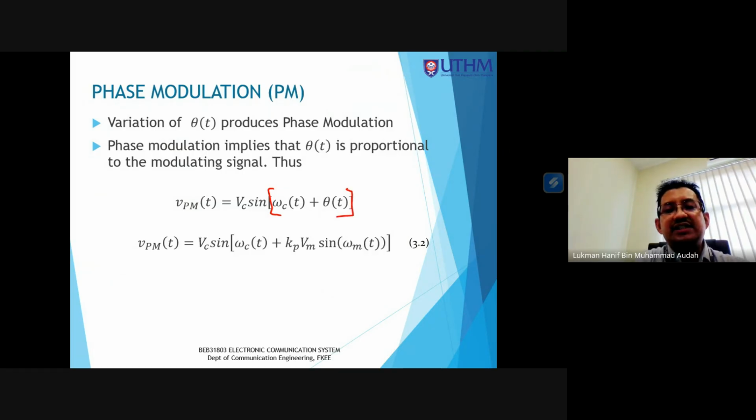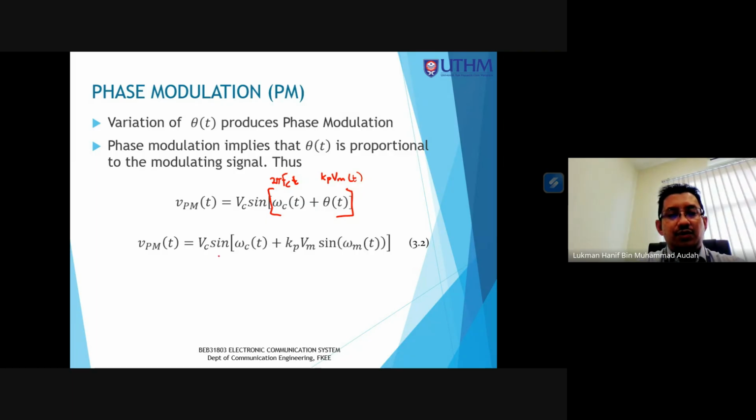Omega c t is actually 2 pi fc t, plus theta t. Theta t here, if you see, is Kp Vm t.